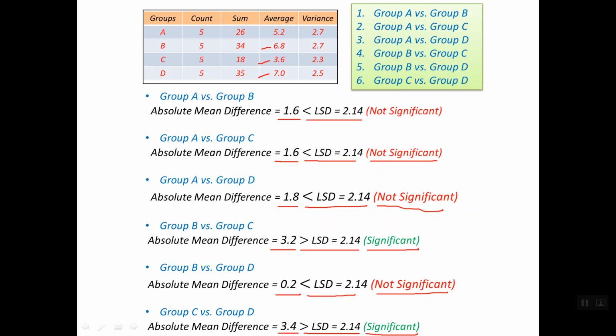So X bar D is greater than X bar for group C. So this is simply how we calculate the significance between each two means in each group.